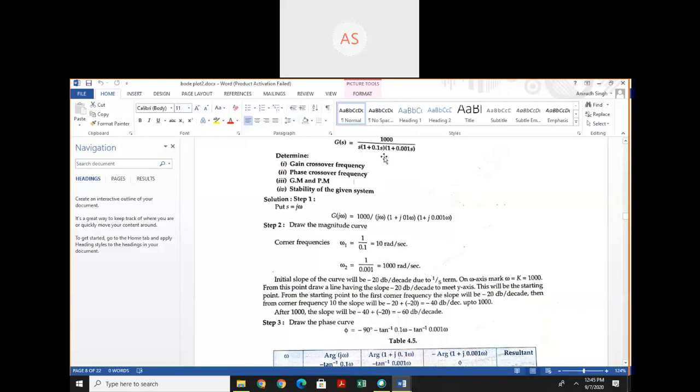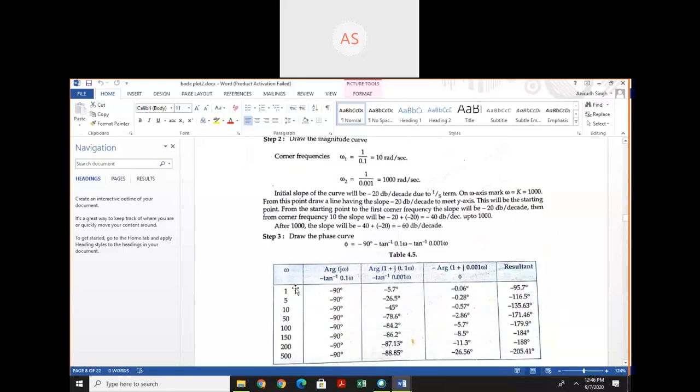For this real pole, angle is given by minus tan inverse 0.1 omega, and for this, angle is given by minus tan inverse 0.001 omega. When omega is 1, the resultant angle is this. When omega is 5, the resultant angle is this. And we plot the phase angle between omega and resultant angle.